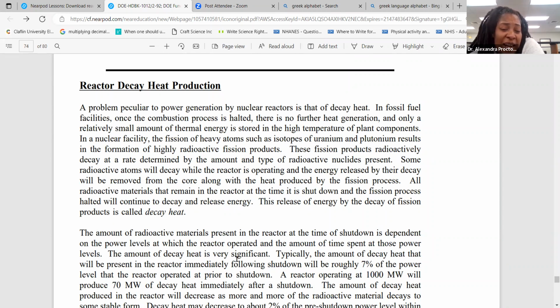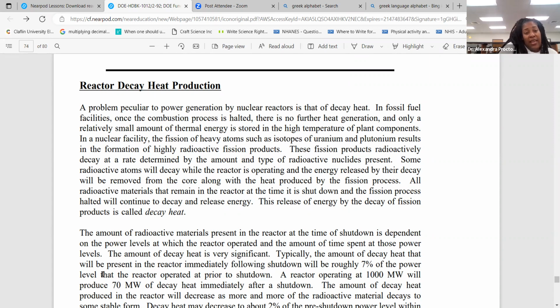And the amount of radioactive materials present in the reactor at the time of shutdown is dependent upon the power levels at which the reactor operated and the amount of time spent at those power levels. And so the amount of decay is very significant.